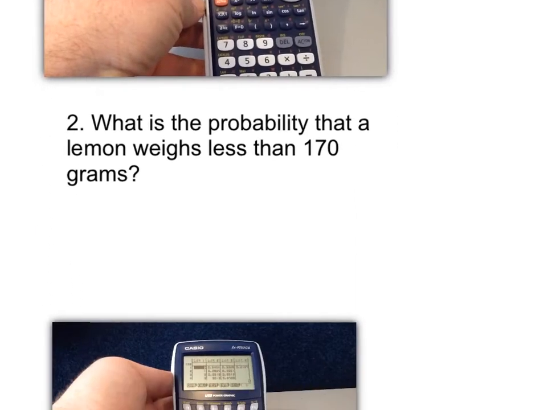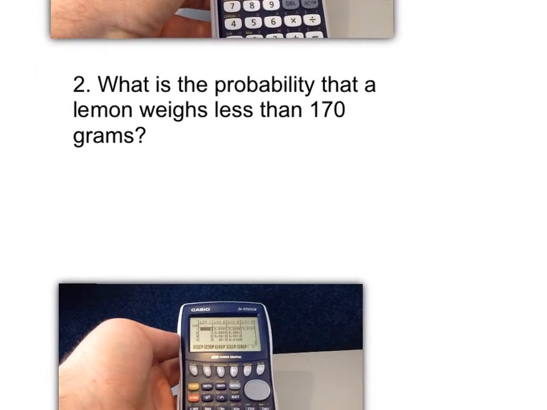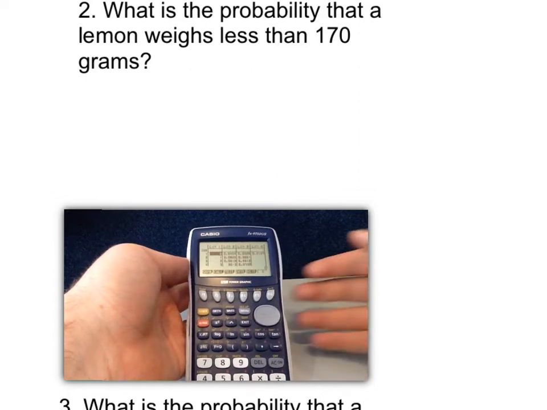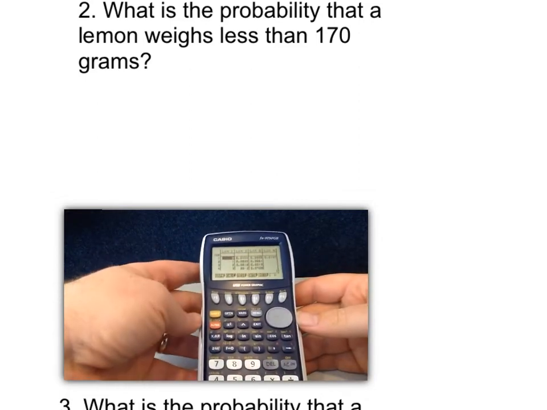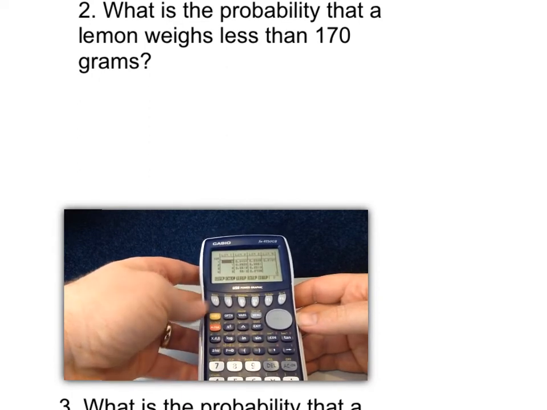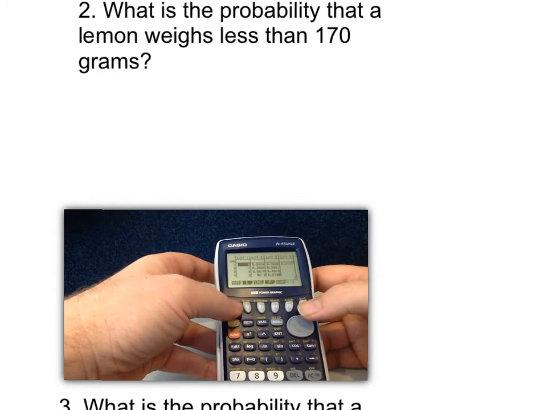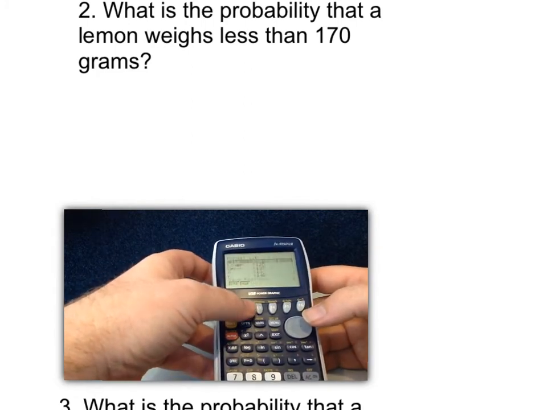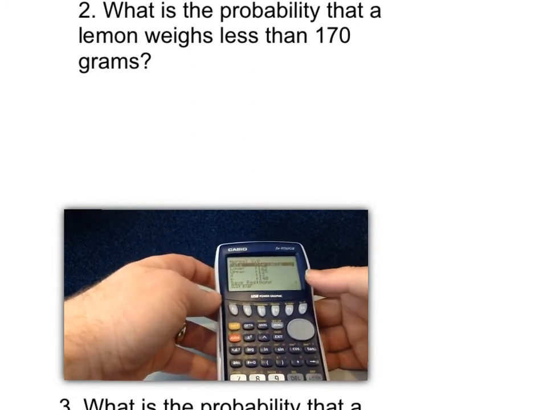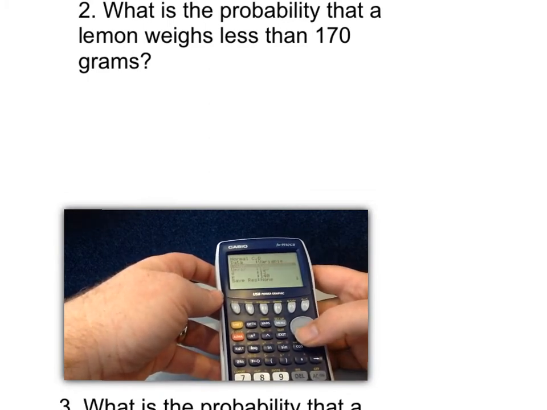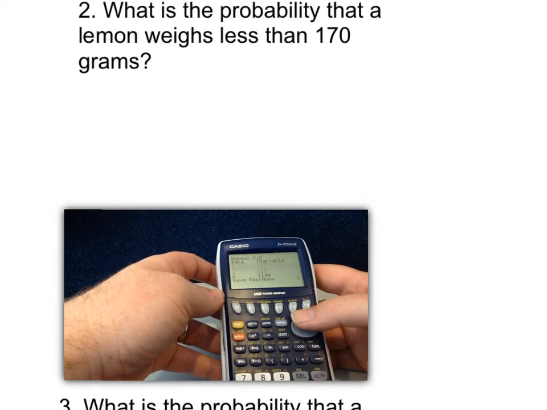So the next question: what is the probability a lemon weighs less than 170 grams? This time we want to find the probability that it's lower than 170. So we're going to go again into distribution, then normal, then NCD. It's already set up as it was from the last question, with lower at 125 and upper at 135, but this time we're going to change this.